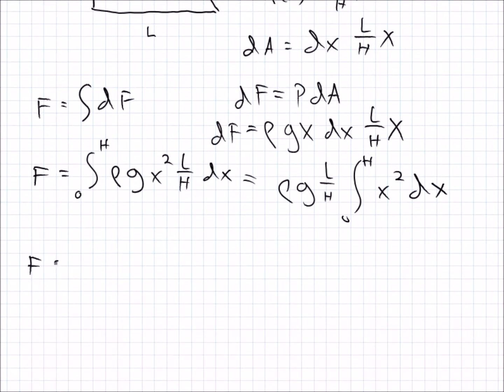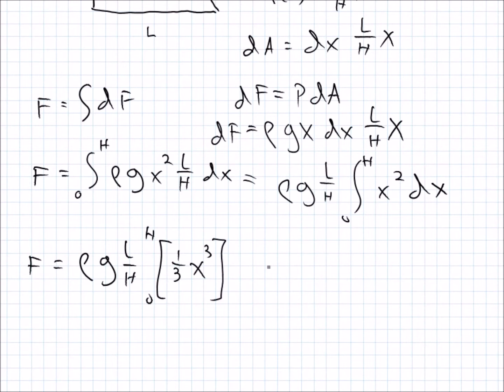So, rho g. And the integral of that is going to be 1/3 x cubed, right? And I just plug in my limits of integration here. I can take out that 1/3.